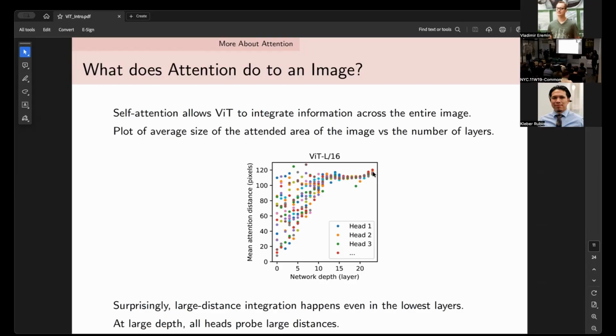Everything that's happening as a result of self-attention is being put into the class token in some form or the other. So the class token is the only thing that has connection to all that has happened inside the encoder. As the attention distance increases, the class token knows more and more. Yes, that's correct.